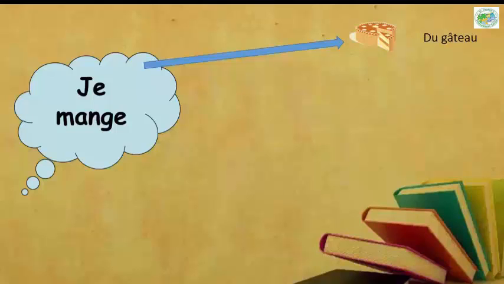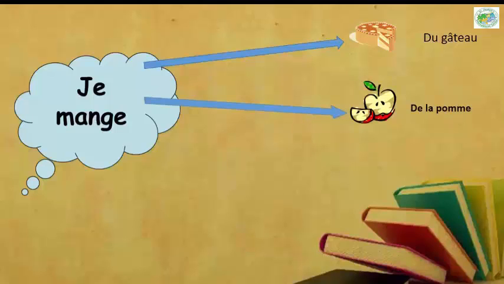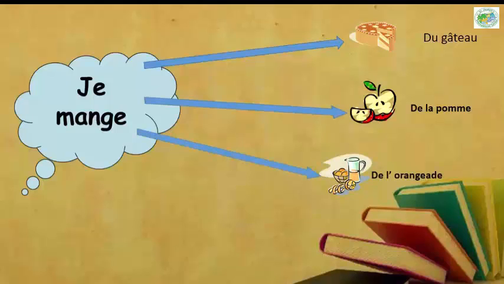du gâteau. Je mange du gâteau. I mean that I'm eating a part of this cake or a piece of it. Je mange de la pomme. I'm eating maybe a piece of it, or a part, or a slice of this apple. Je mange de l'orangeade.